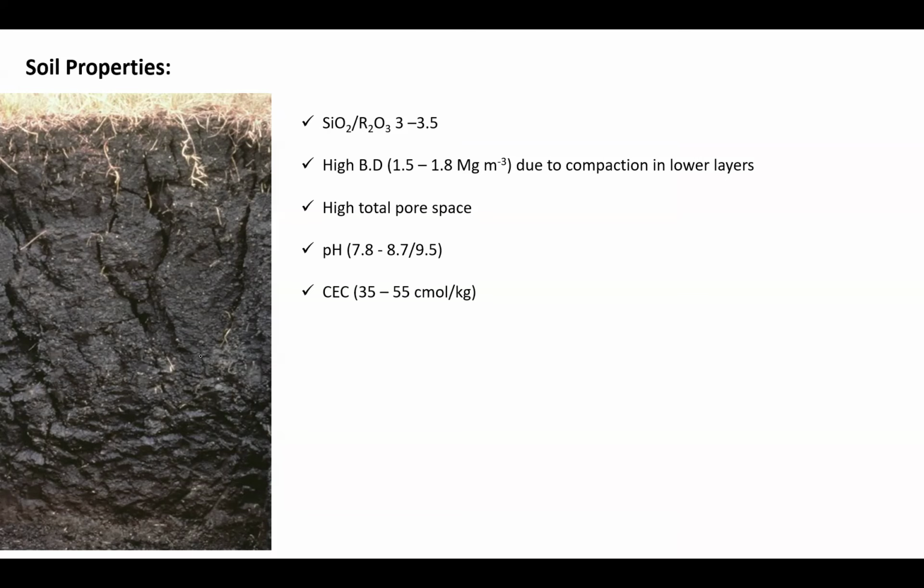And CEC, that is cation exchange capacity, is around 35 to 55 cmol per kg. Base saturation is full, a 100% base saturation, and calcium carbonate is up to 40%. And the water holding capacity is 150 to 250 millimeters per meter in these soils.